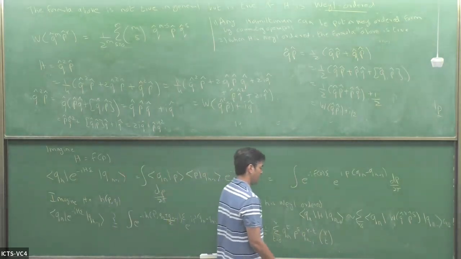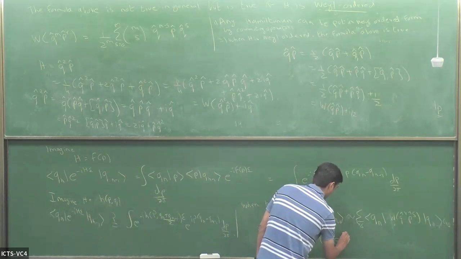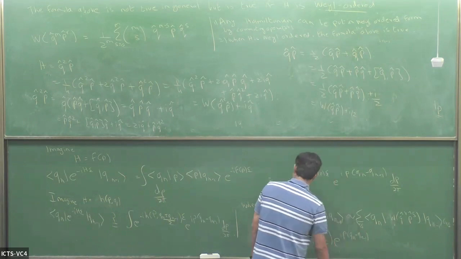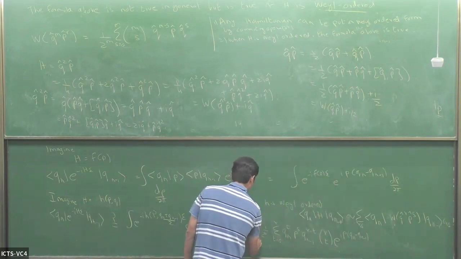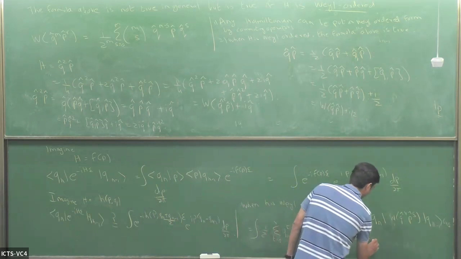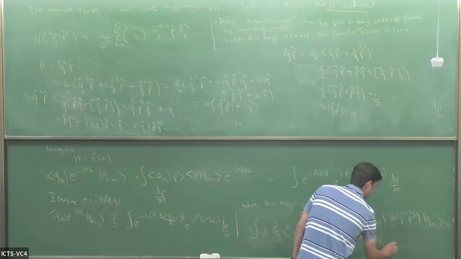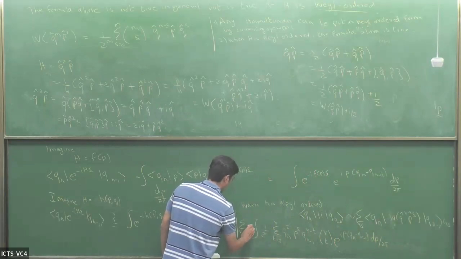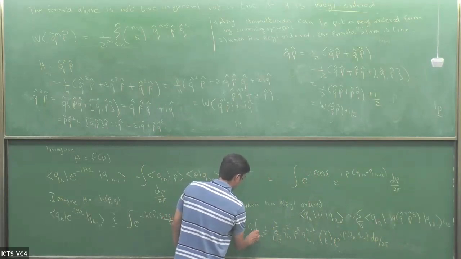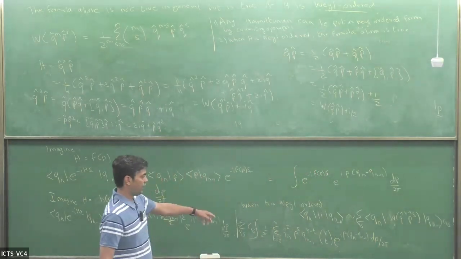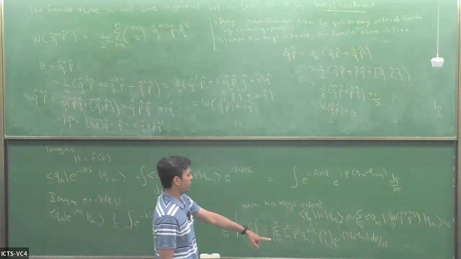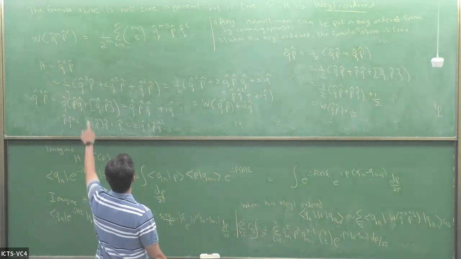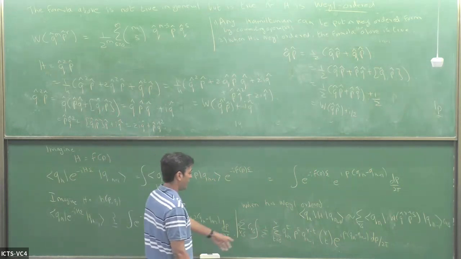And then this is multiplied with an e to the i p qn minus 1. There's an integral here, dp by 2 pi, and there's a sum outside which is not relevant, which is a sum over r and s. I think this form, yeah, you see, all I said was there's a Weyl ordered term here. I substituted the expression for Weyl ordering which I had written up there, and I got this expression.